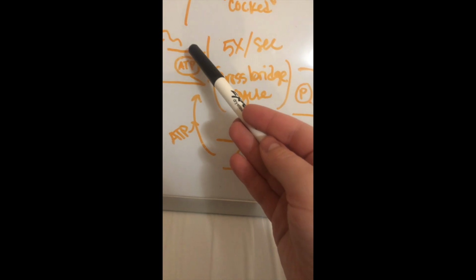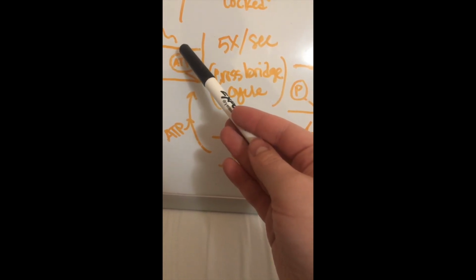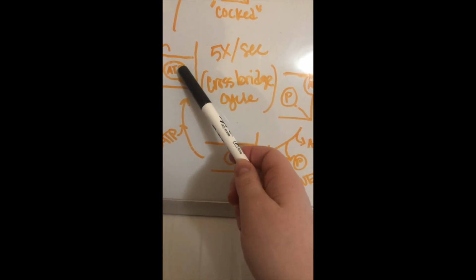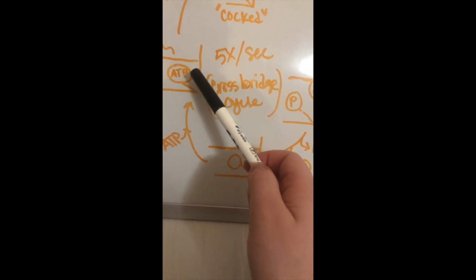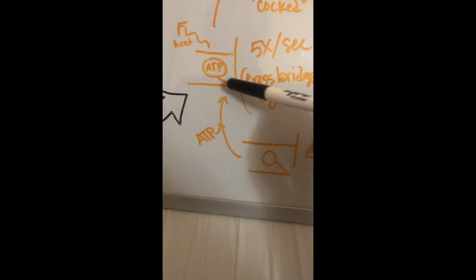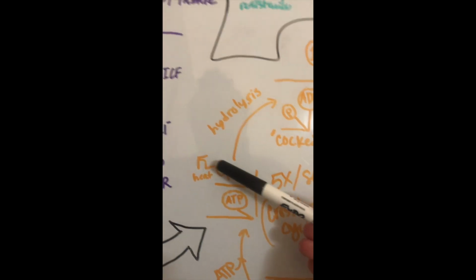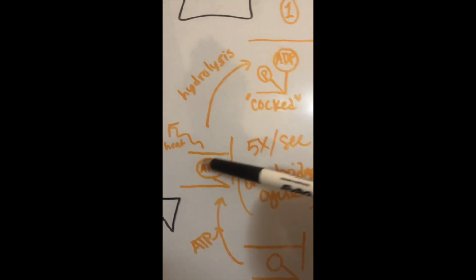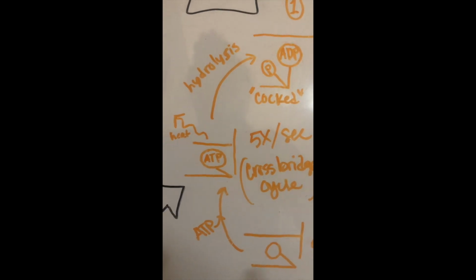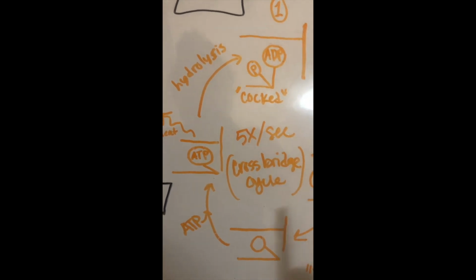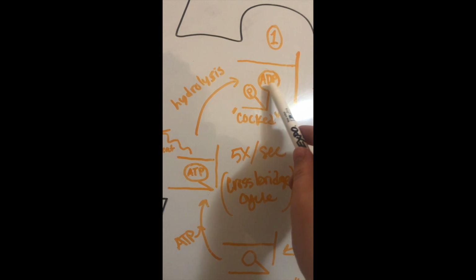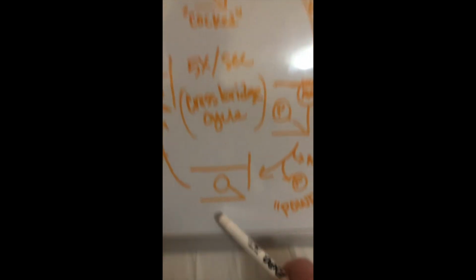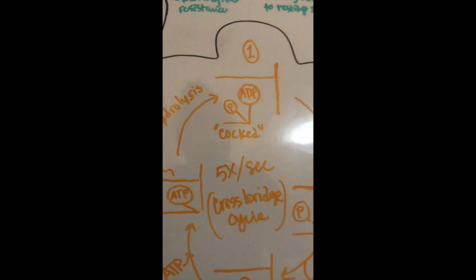This will cause heat also to be released, putting that ATP in the myosin head. And so then our next step is hydrolysis, which cleaves one of the phosphates on the ATP because it's adenosine triphosphate. And so now we have adenosine diphosphate, and then that extra phosphate is now in its place. So we went from uncocked to cocked back up here.